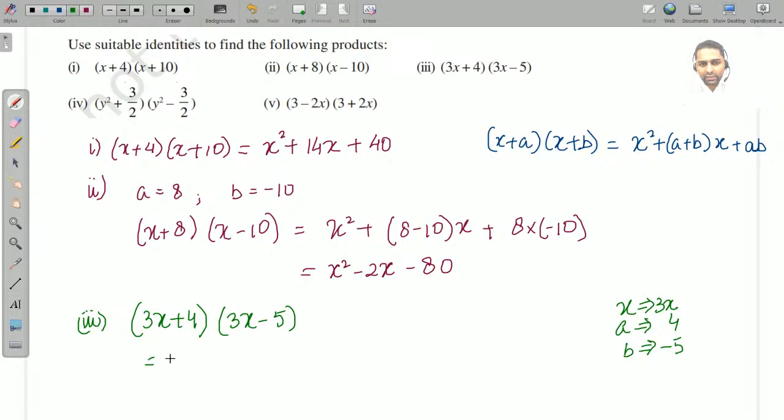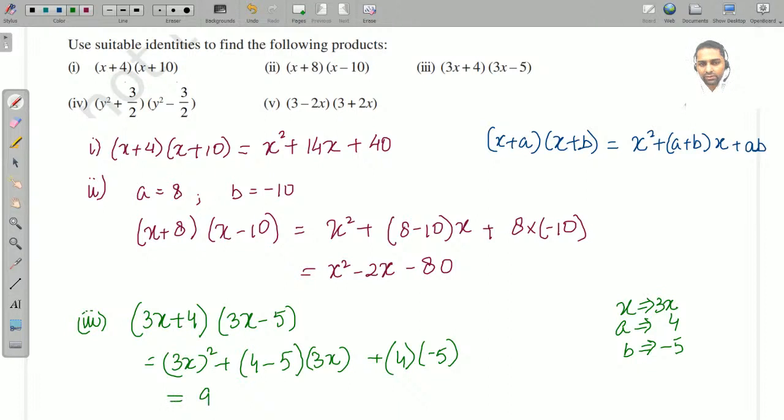So it comes out to be 3x whole square, plus a plus b, so basically 4 minus 5 times x, and x is your 3x. Don't forget that x is your 3x over here, plus ab, ab means 4 times negative 5.